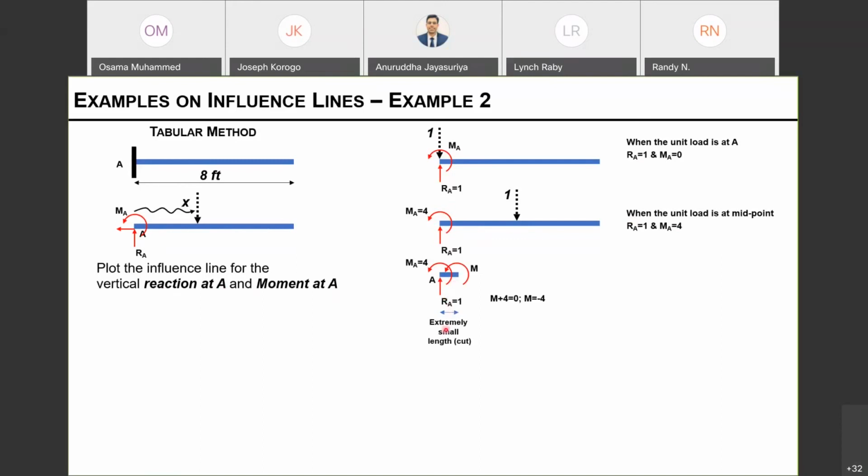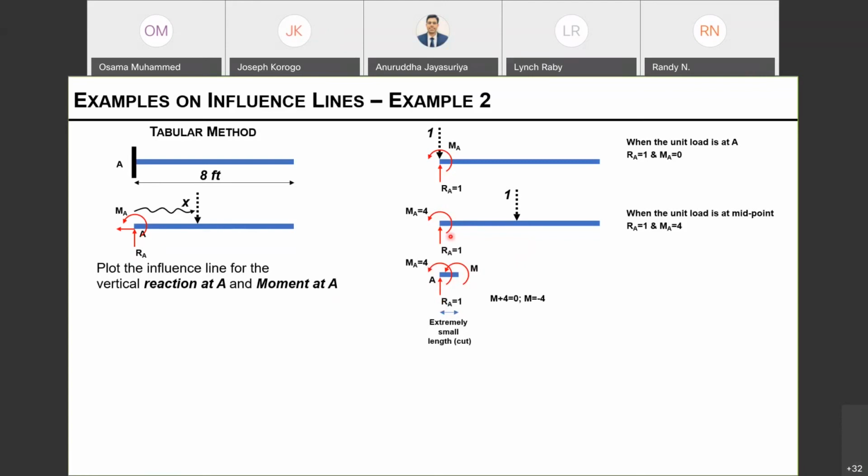This is a very, very small cut because I need to take the equilibrium of the internal forces at A. This is the support reaction, MA equals 4, which we found from the earlier step. And this will be my internal moment, M. M is the internal moment. MA is the support reaction due to the equilibrium. RA is the vertical reaction due to the equilibrium again.